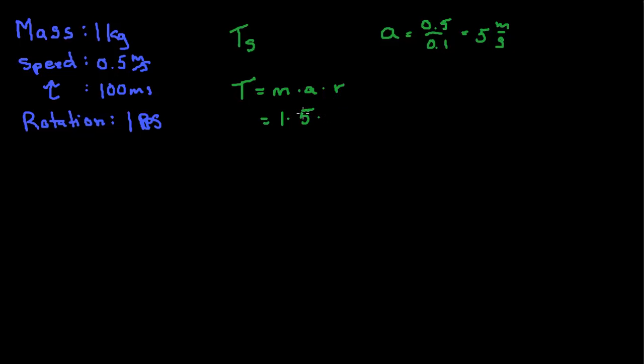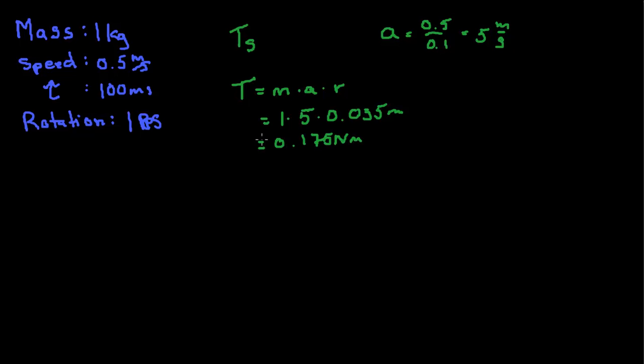So we can choose one based on something you can buy. At Pololu, you can get a 70 millimeter diameter wheel, so that's 35 millimeter radius, 0.035 meters. That gives you a torque of approximately 0.175 Newton meters.